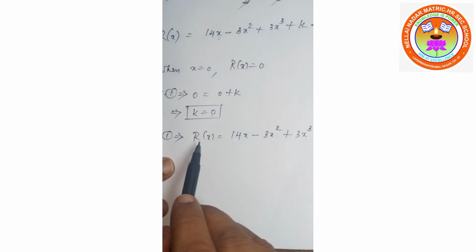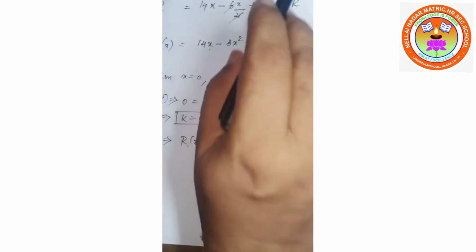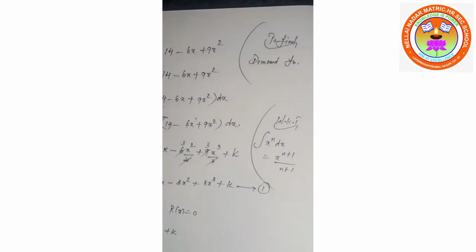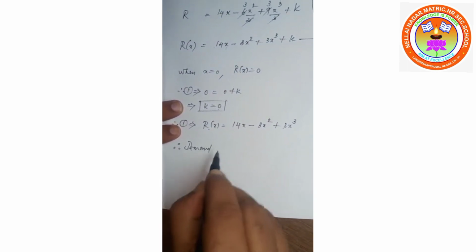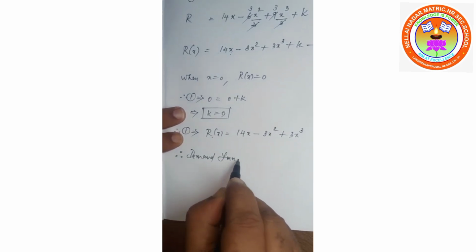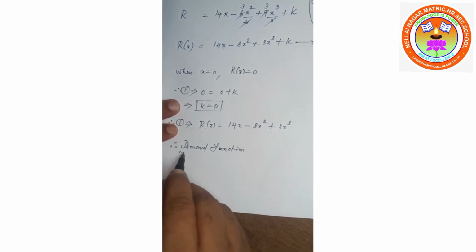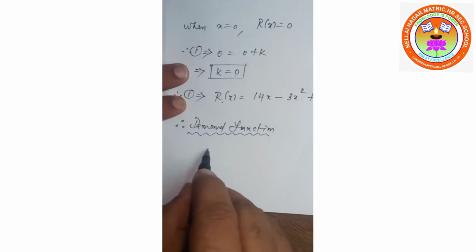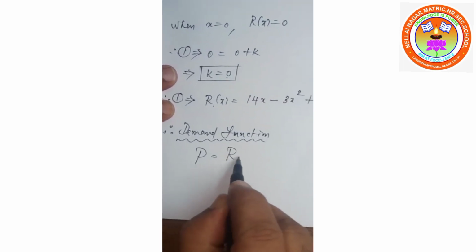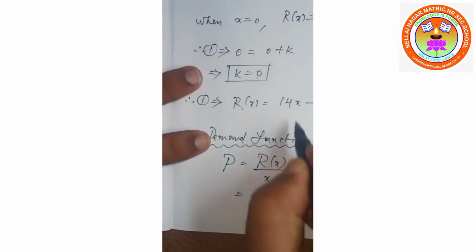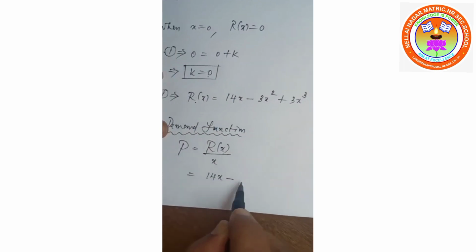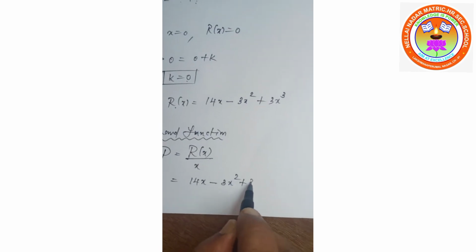So once you know the value of revenue, we can find the demand function. Therefore the demand function, formula: p is equal to R of x by x. R of x, here it is 14x minus 3x squared plus 3x cube, whole divided by x.